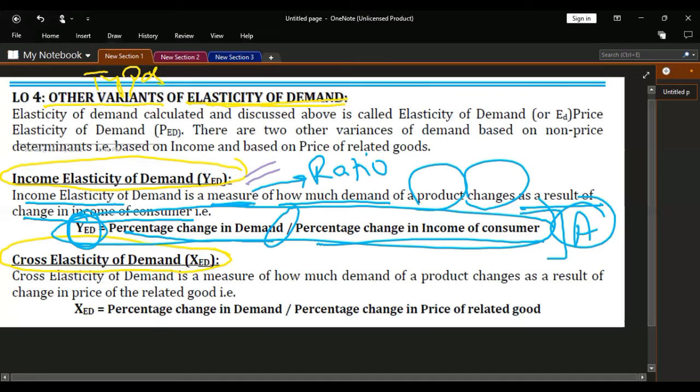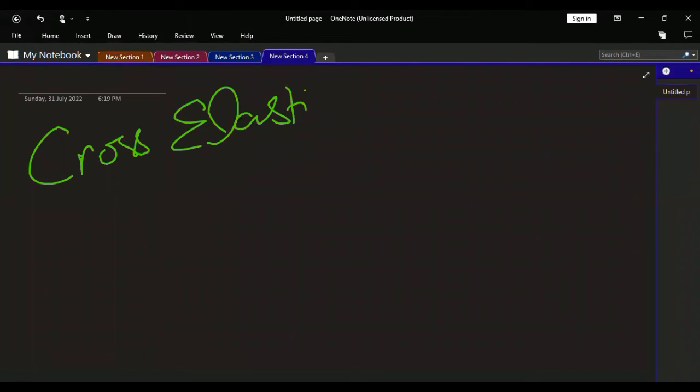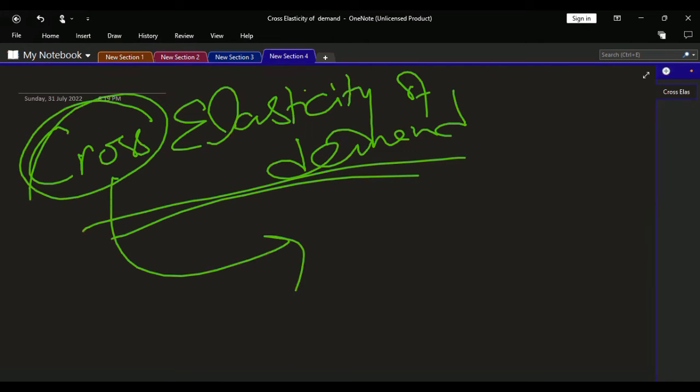Second type is cross elasticity of demand. What is this? Cross shows here that there is a relationship between two things.